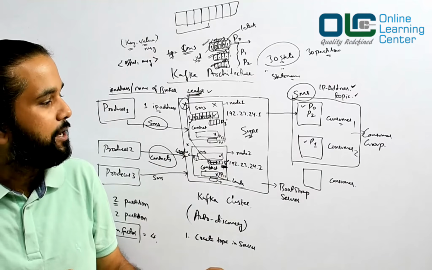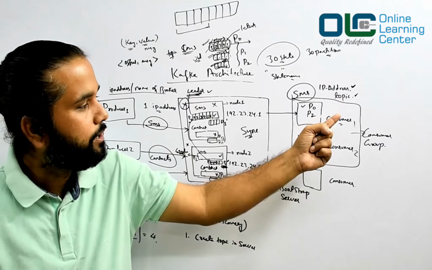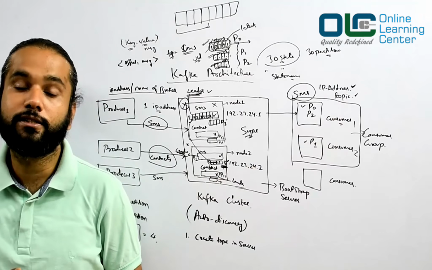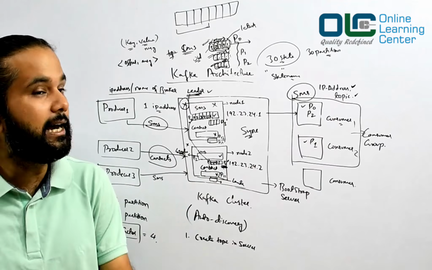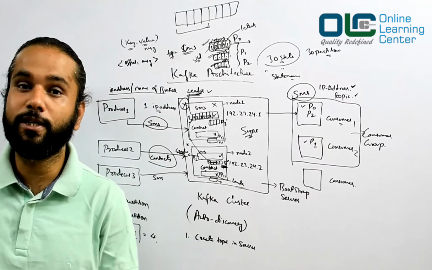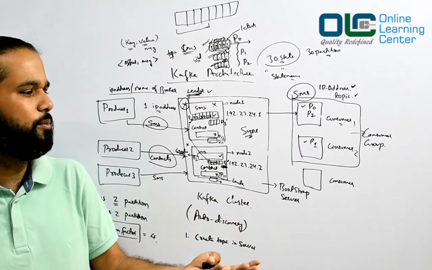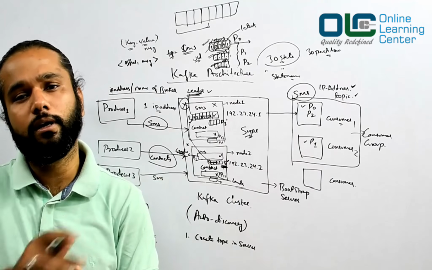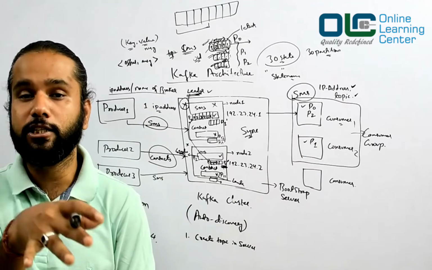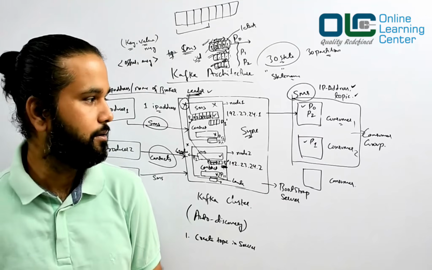In that case, you may want to create 30 different consumers so that your data processing is as parallel as possible. Or else you may say I don't care, let me have only one consumer consume all the data from all the partitions one by one. That is also possible.